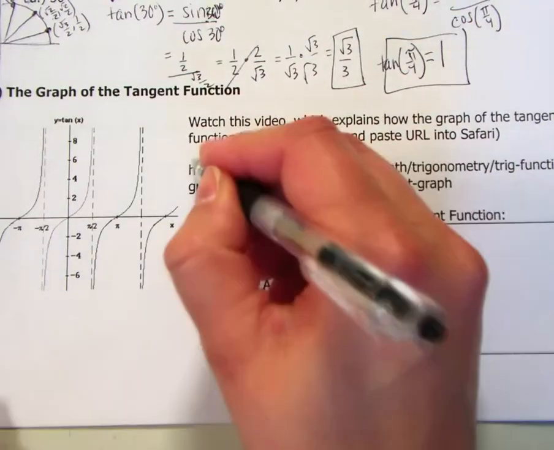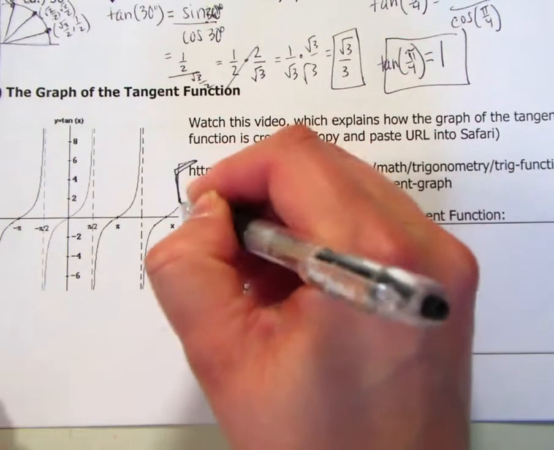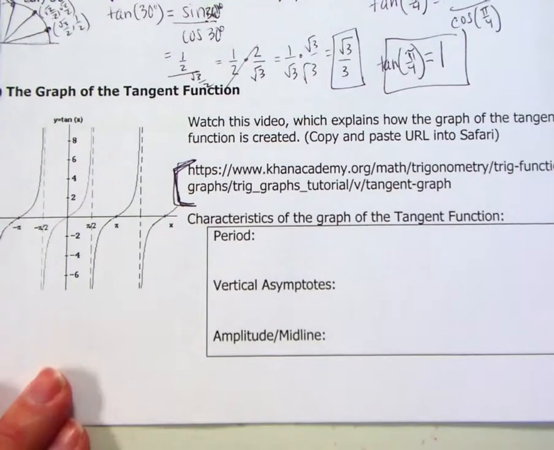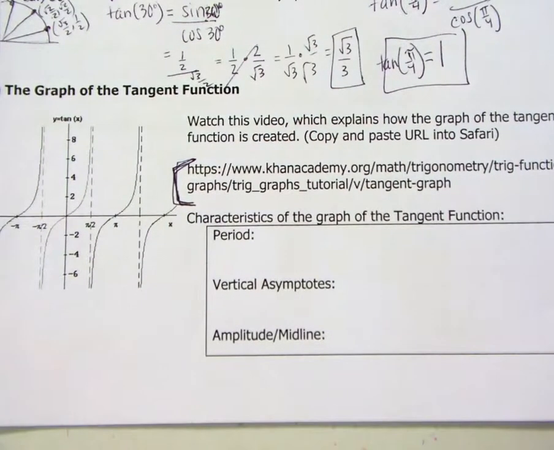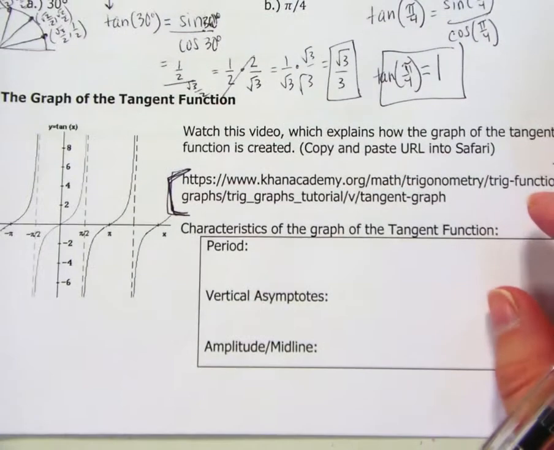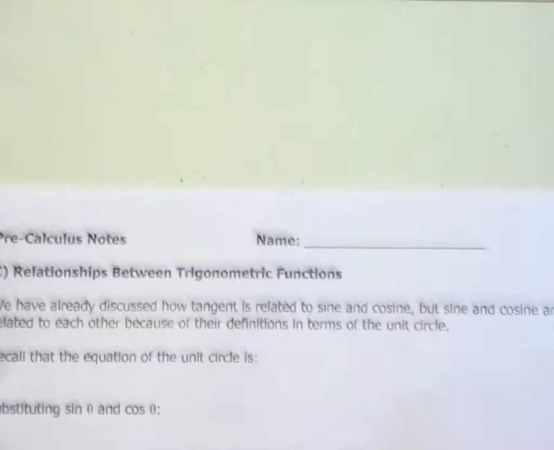So I gave you that URL. After we're done with the rest of this, I'm going to have you plug that into Safari and watch that short little video. He just does a nice job of explaining where the graph comes from, better than probably what I would do. So we'll just leave it there, and I'll have you go back to that in just a little bit.